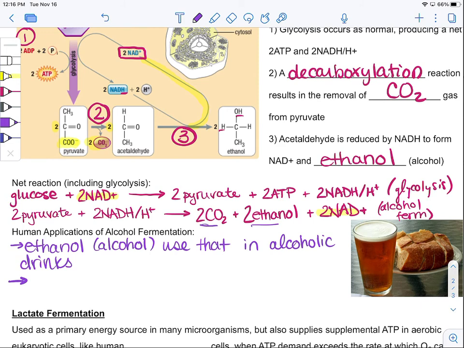So the CO2 that is produced by this is the air that allows our dough to rise. So I'm going to mention right here, production of CO2 gas, okay, this is just production from fermentation, allows dough to rise.